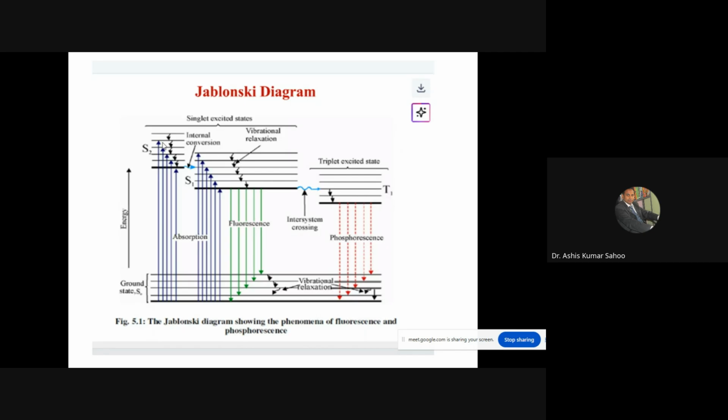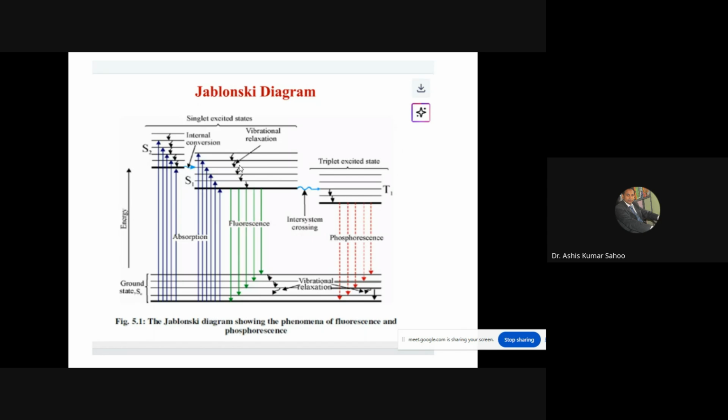If it relaxes from singlet to singlet, that is internal conversion. If it goes from singlet to triplet, that is known as intersystem crossing. If the electron relaxes from triplet to singlet, this is known as phosphorescence.